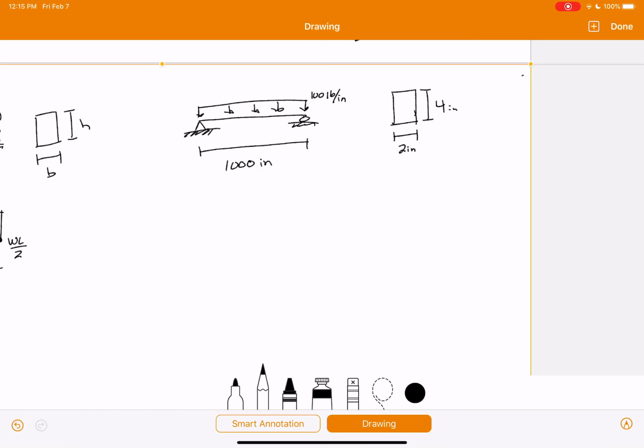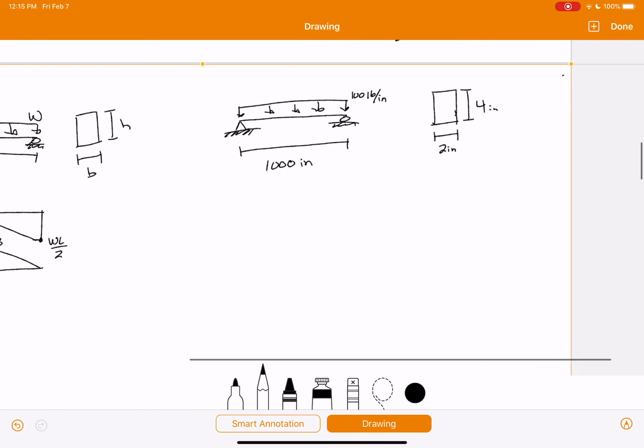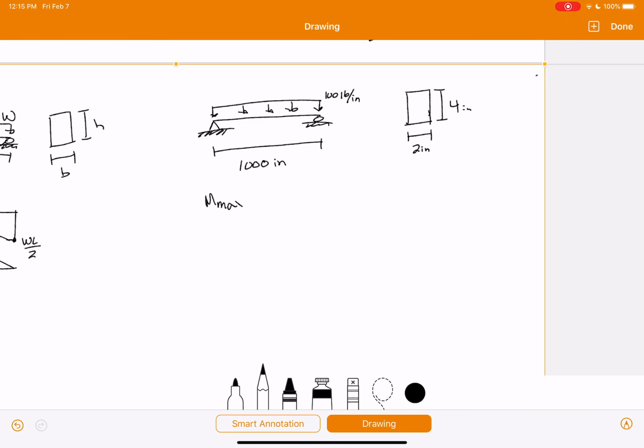All right, so just as we showed over here, we're going to get M max equals W L squared over 8, which ends up being 125,000 pound inches, which is also equal to 125.00 kip inches.